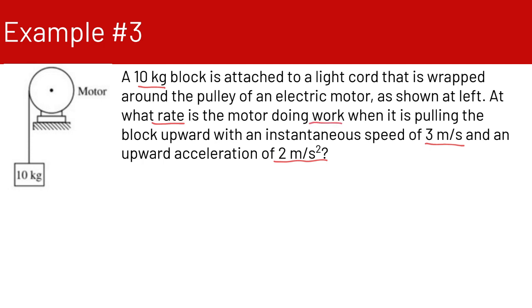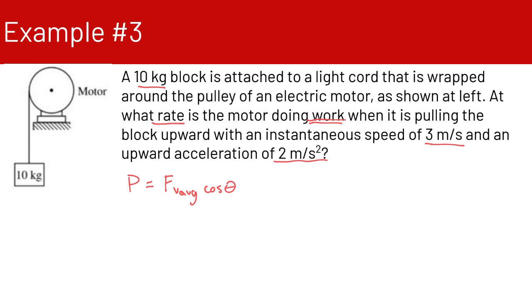So this is a power question, so we're going to use our equation: P is equal to F times the average velocity times cosine theta. We know it's a power question because it's asking at what rate the motor is doing work.